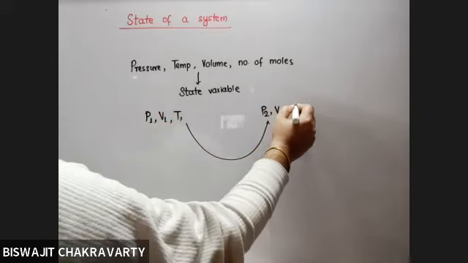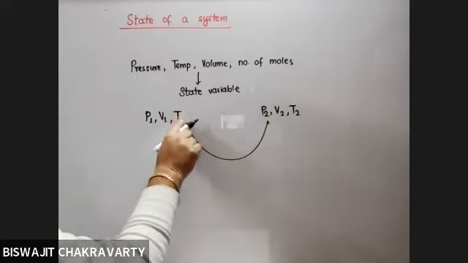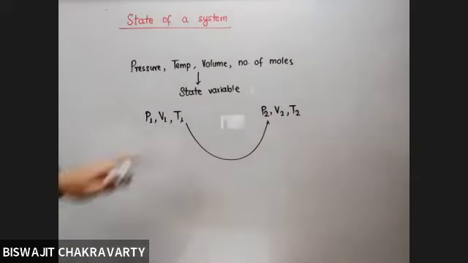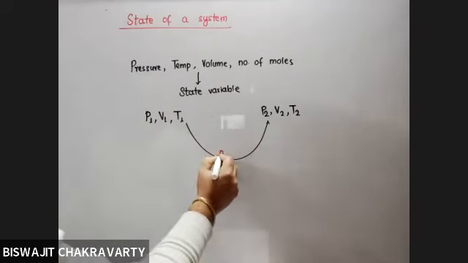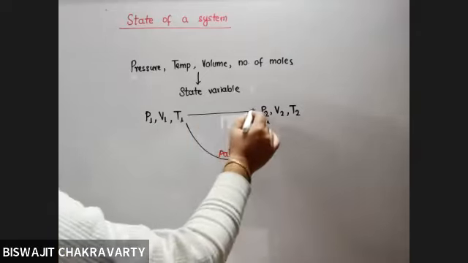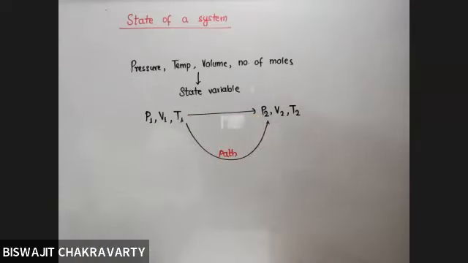Obviously, during this process there is a change going on. The state variables are undergoing change through a particular path. There is a pathway, with a number of steps involved. And during this pathway, let us say it is this path going on, and the same change can occur via this path as well.